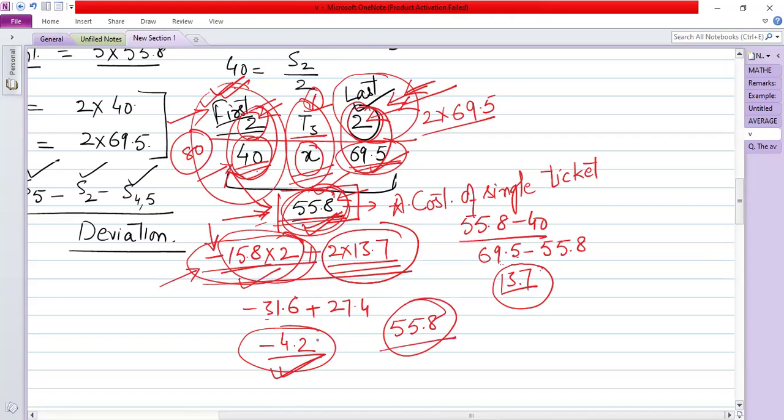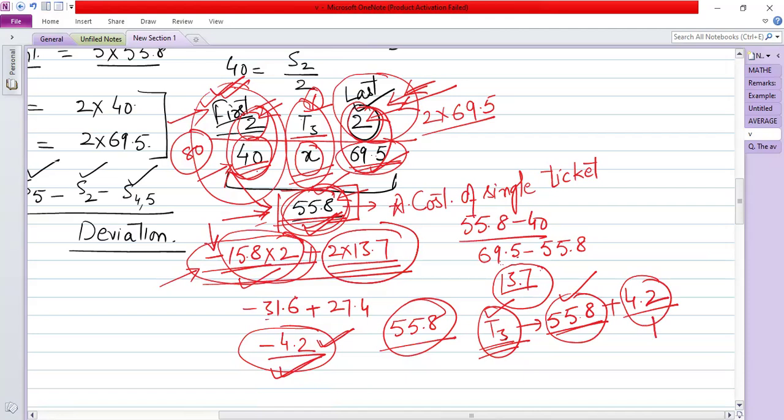So this minus 4.2 must be compensated by the third friend. This third friend should have 55.8 for his own ticket, plus he must have this 4.2 also. This 4.2 is divided by 1, because it is only one person.